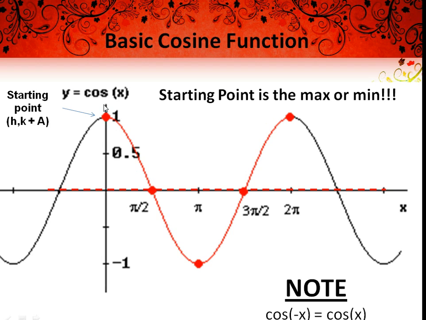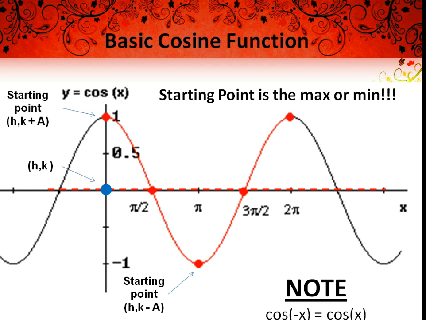Well, that's your amplitude. So if this is h and k, then this is going to be h and k plus a. Additionally, we can have the same thing if we start at the bottom, at the minimum. This would be again your h value, but now your k would be subtracting a from it, because you are below that value.